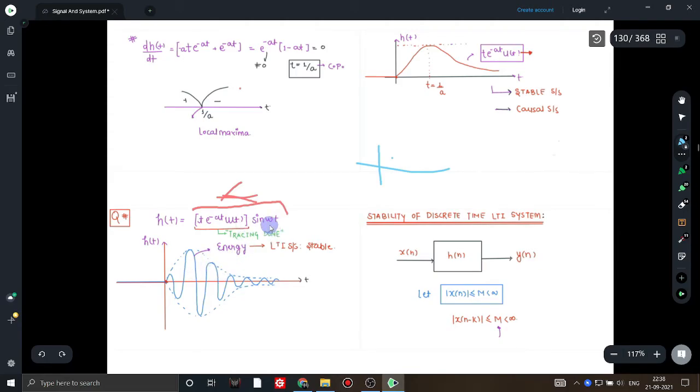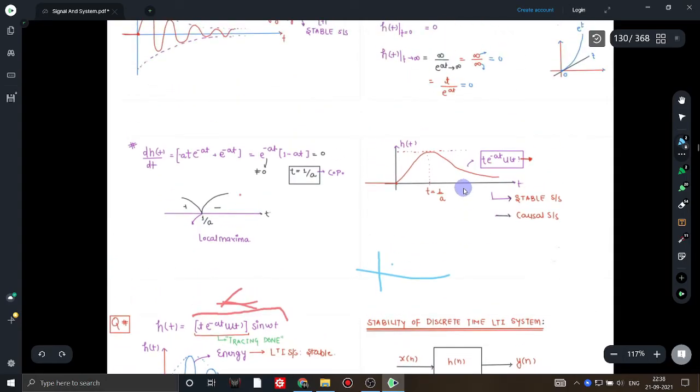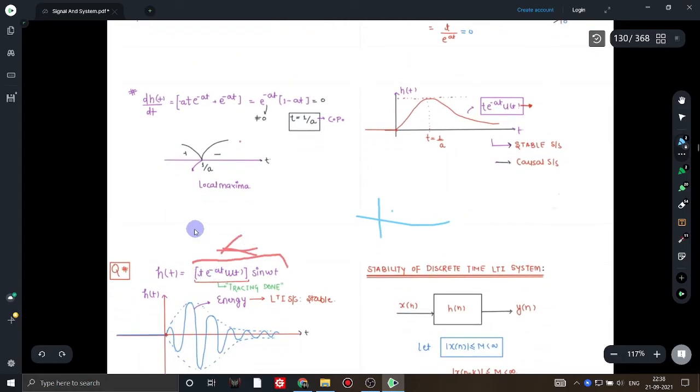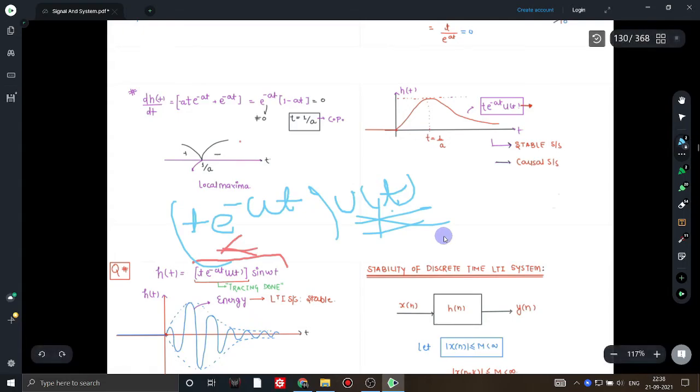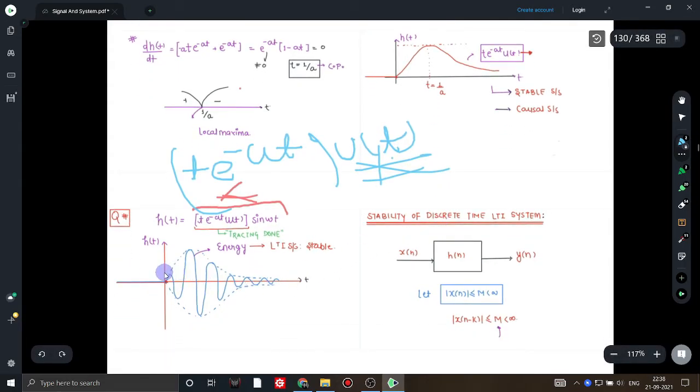In the above question, we already drew the graph of t into e power minus at. But now here it is multiplied by u(t). So the graph is like this.